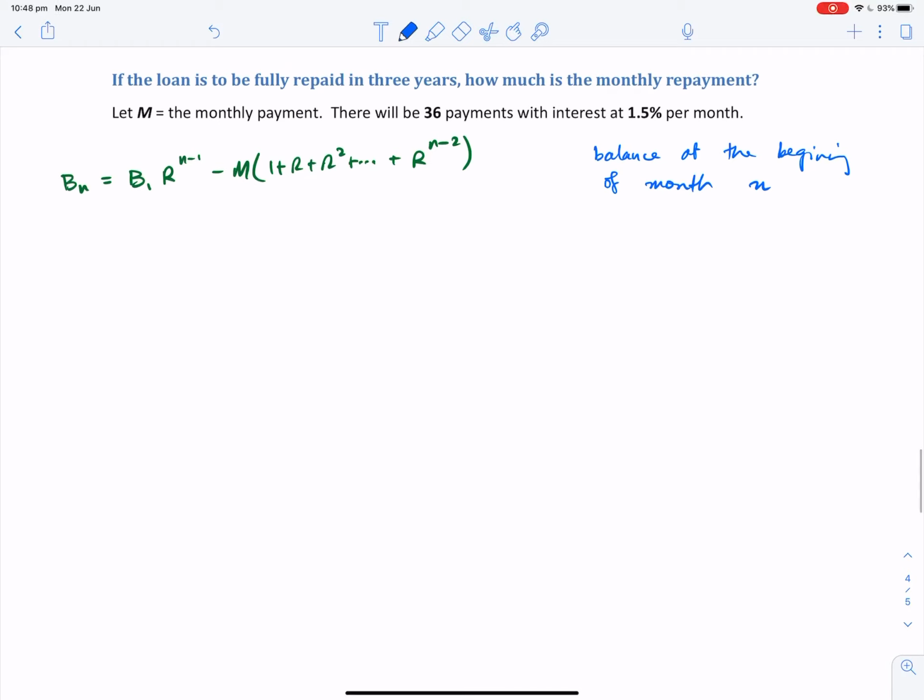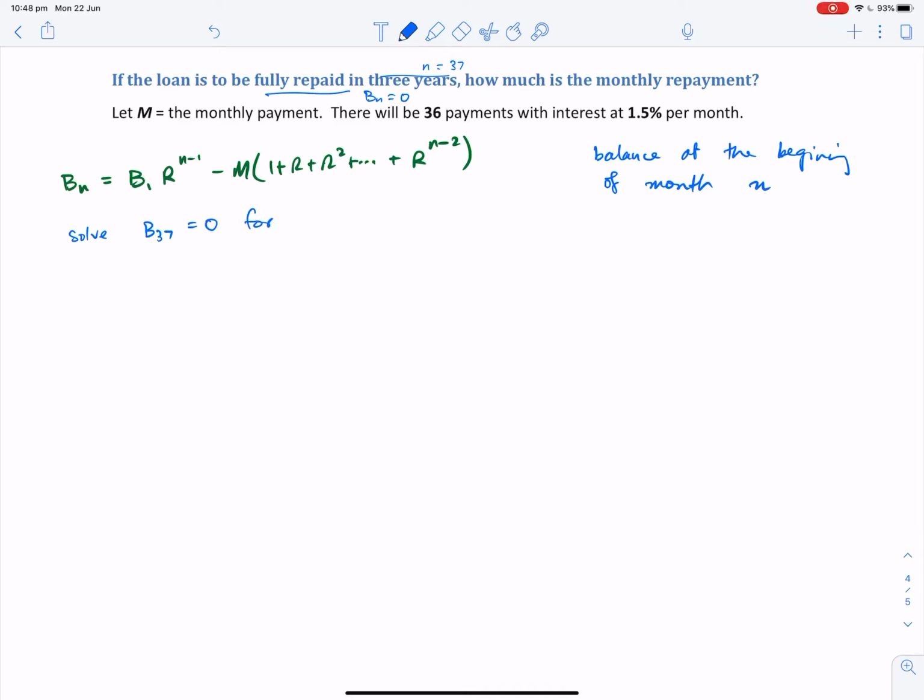Okay, loan is to be fully repaid, so that's BN equals 0. Well, in 3 years, so that's N equals, well, we've got to do 37 because it's after 36 months, so at the beginning of the 37th month. All right, so we're going to solve B37 equals 0. How much is the monthly repayment?